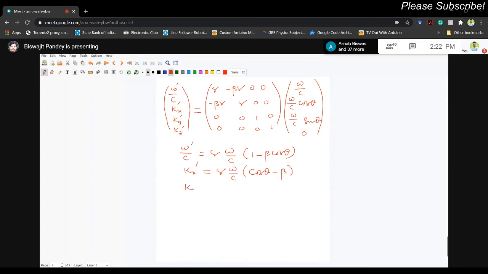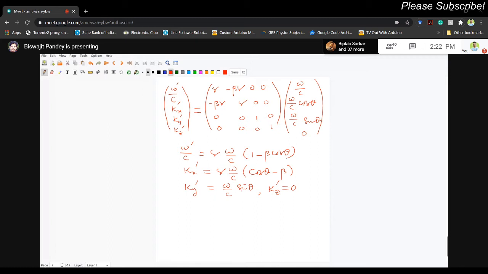What will be ky prime? Ky prime will be simply omega by c sin theta, since other terms will be 0, and kz prime will be 0, because all three are 0, 1, 0, 0, 0.